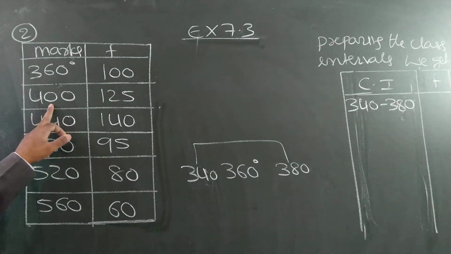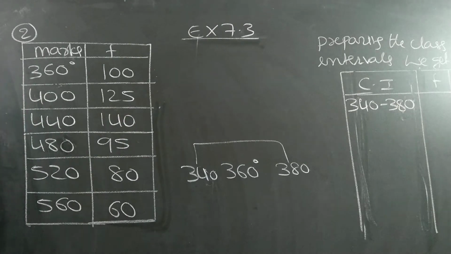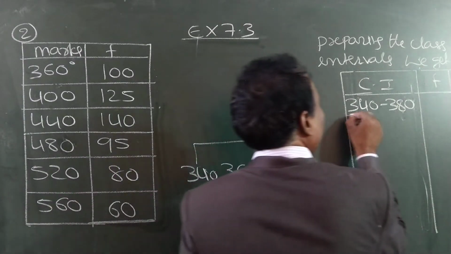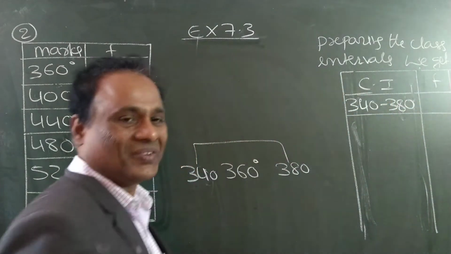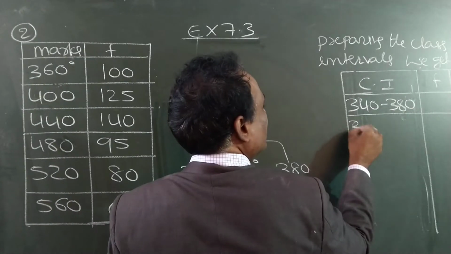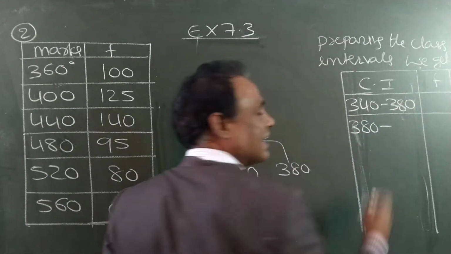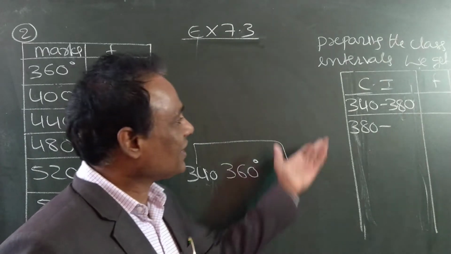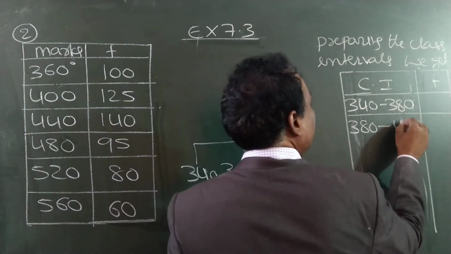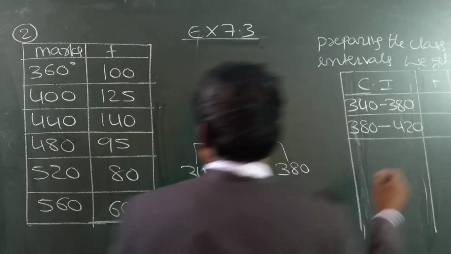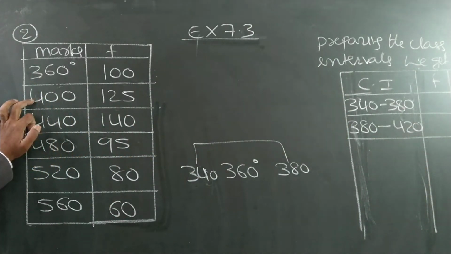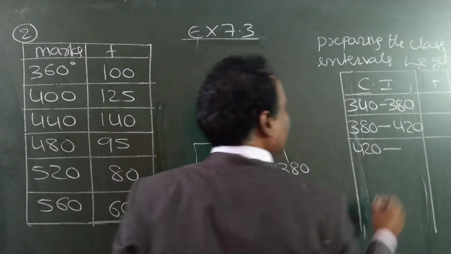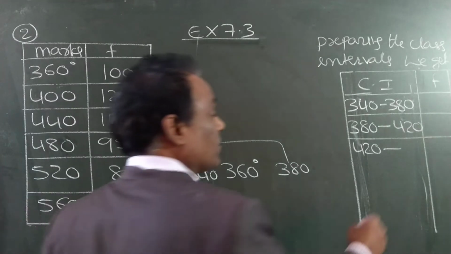Next mid value 400. Add 20 this side, subtract 20 the other side. The classes will be continued. If the first ends at 380, the next will start with 380. 40-40 difference: 380 plus 40 is 420. Next class is over. Again continuing with 420, add 40, 460.